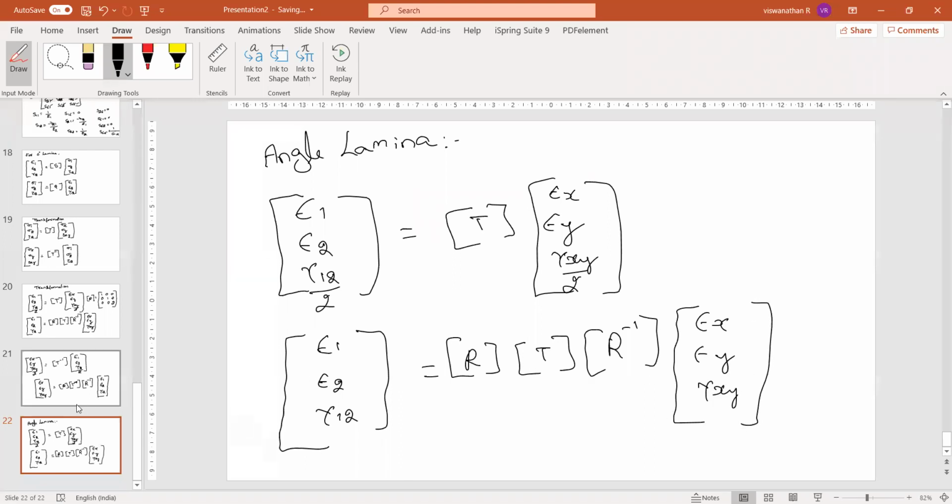Now I've got these local strains. Suppose I want local stresses from this. What should I do if I have to get local stresses from local strains?